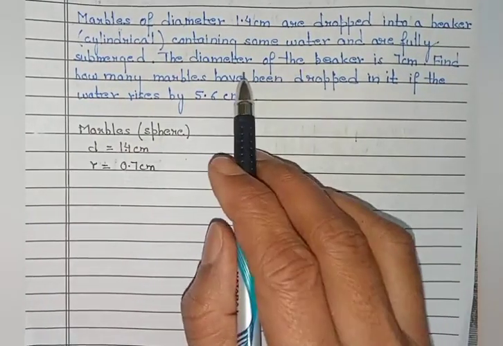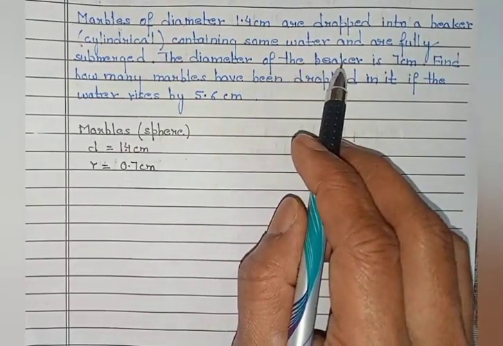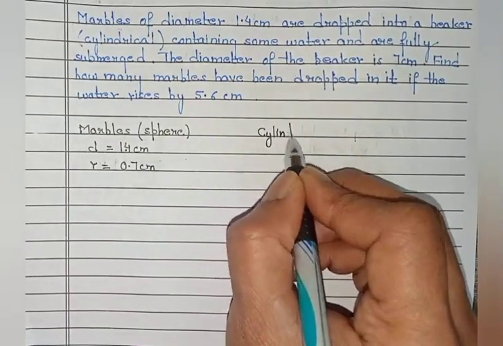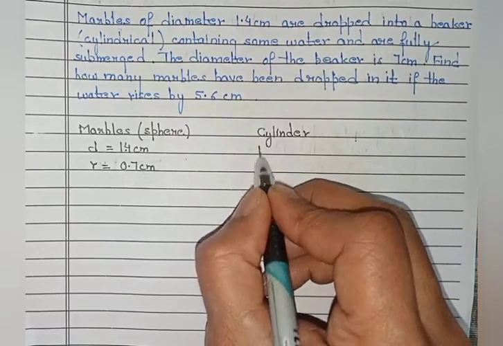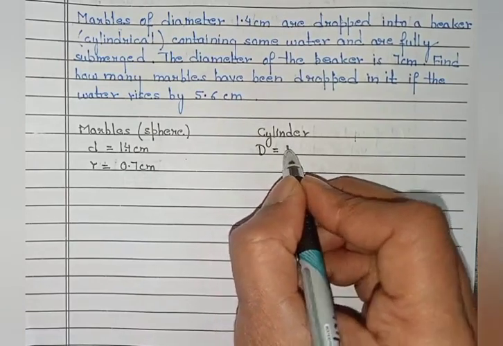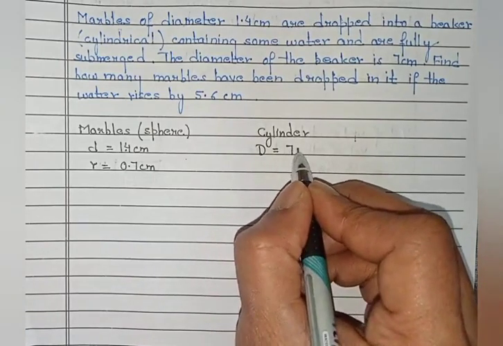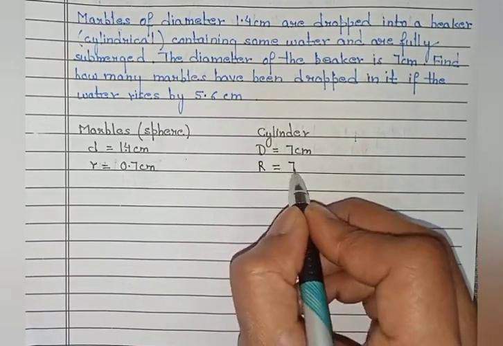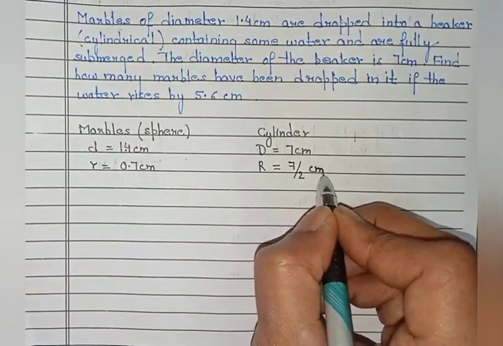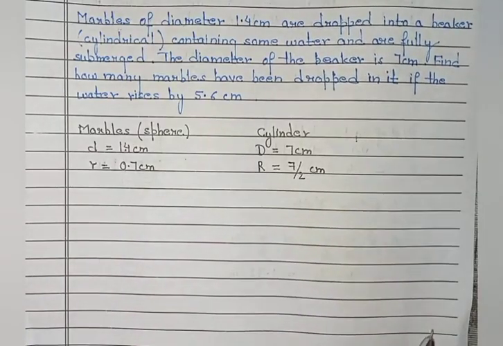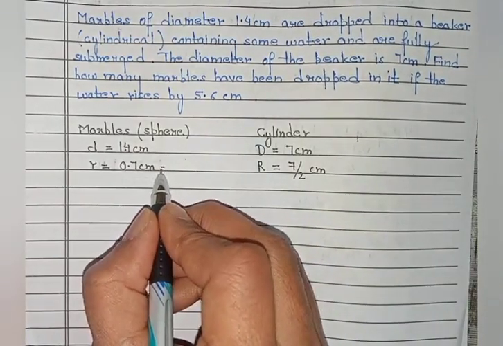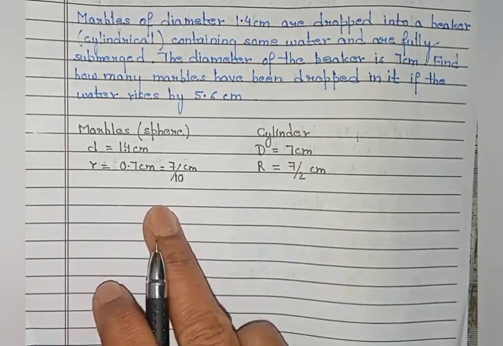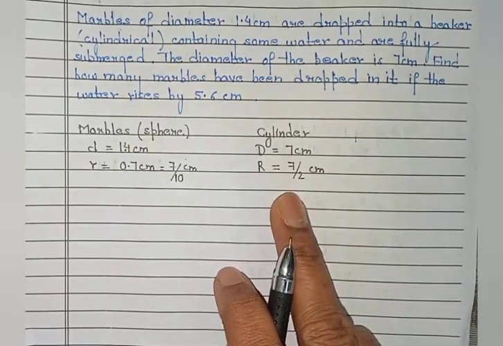Now for the beaker which is cylindrical in shape, we have been given diameter as 7 centimeter. So from here we can get the radius of the cylinder as 7 by 2 centimeter. Okay. So this 0.7 can be written as 7 by 10. So we have got the radius of the marble, we have got the radius of the cylinder.